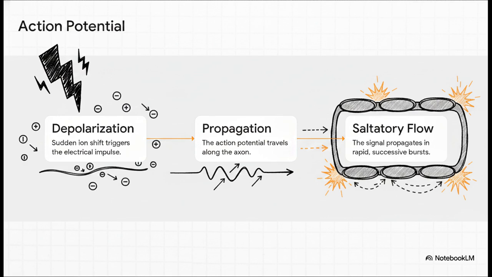This is rapidly followed by repolarization, governed by the subsequent opening of delayed rectifier potassium channels that allow potassium efflux. As this cycle completes, the action potential propagates distally along the axon. But in highly evolved nervous systems, this signal undergoes what we call saltatory conduction, completely bypassing continuous propagation for a much more efficient method of travel.